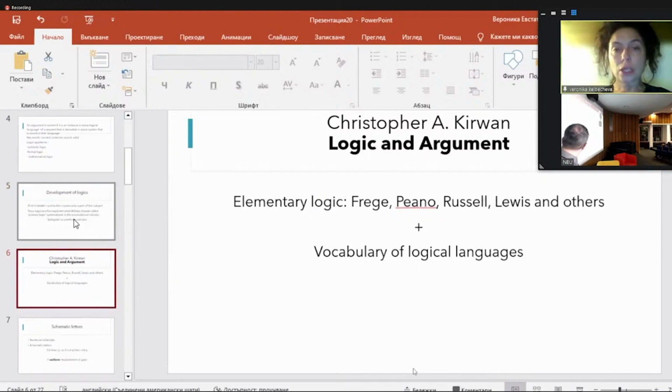In his book Logic and Argument, Kirwan is inspired by Frege, Peano, Russell, Lewis, and many other logicians, but he also introduces a vocabulary of logical languages.